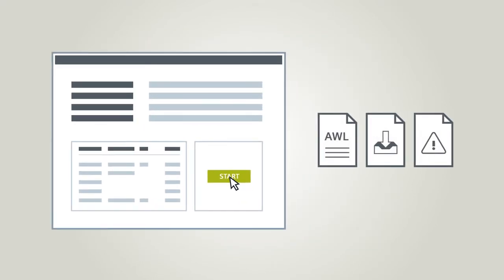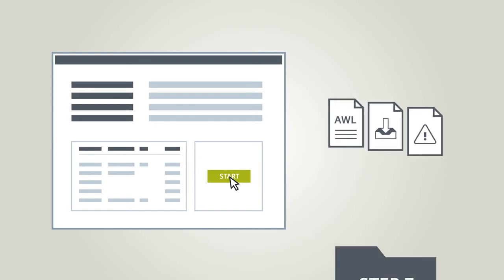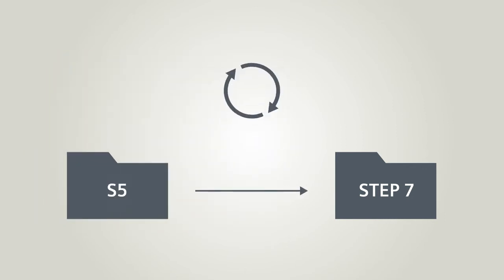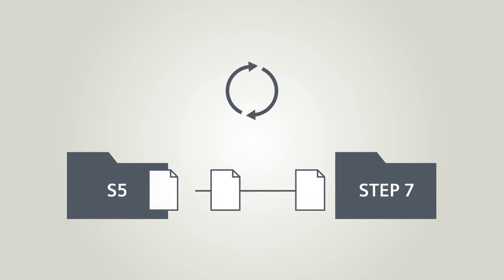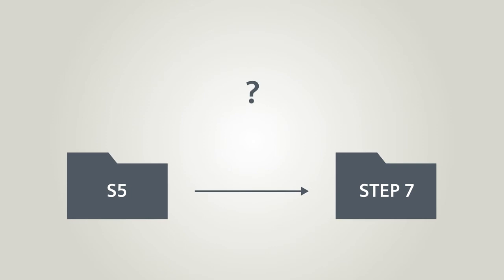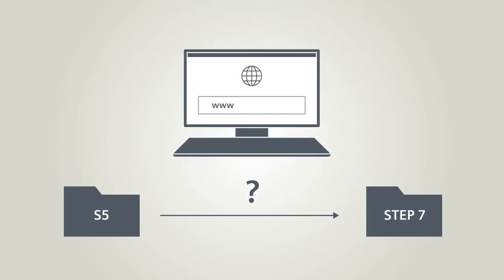It is not usually possible to convert all parts of a program. Programs that only contain logic operations do not need to be revised. Some functions, such as data handling, communication, and system functions, must be revised. Instructions for this can be found in the migration guide on the Internet.